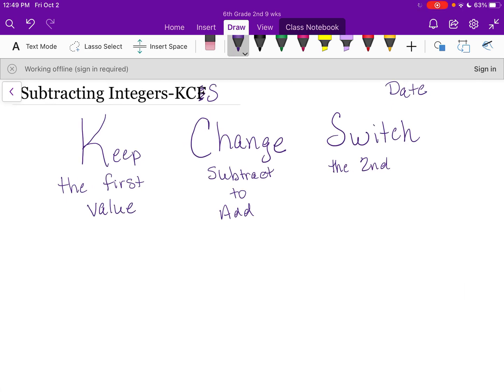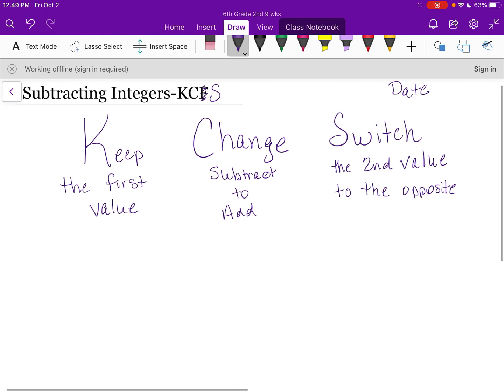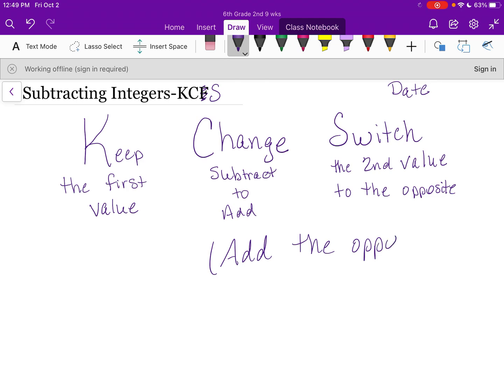The second value to the opposite. Another way that it's sometimes said is that you are going to add the opposite. You're going to add the opposite.